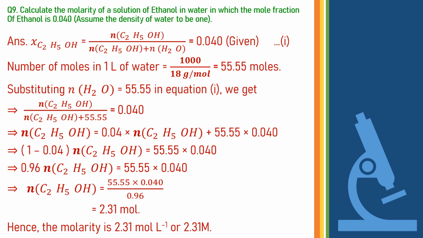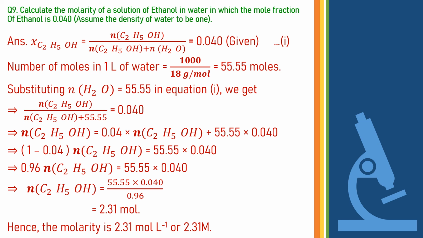So now we have the number of moles in 1 liter of water, and the first equation we have considered. Here we have to calculate the molarity of the solution. The aim is to find the number of moles of ethanol in 1 liter of solution, which is nearly equal to 1 liter of water, because we know that the solution is dilute. The mole fraction is given to us.